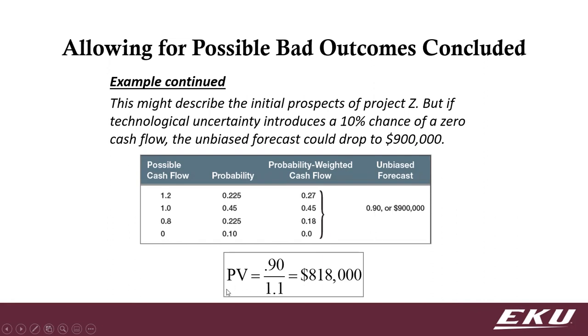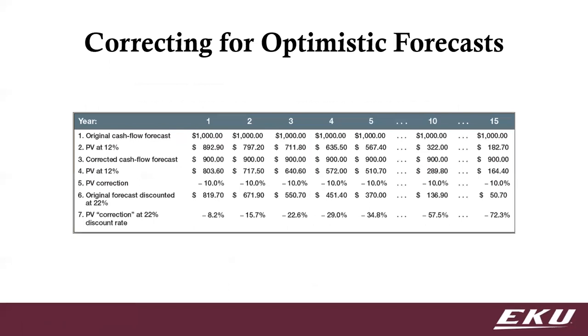And if I do the same type of calculation, instead of the 909, it's like, oh, no, it's only going to be 818. Okay, so we can introduce that in and then use that forecast, right? I'm going to show you another way before we end today, right?